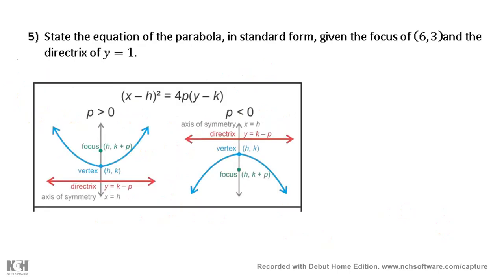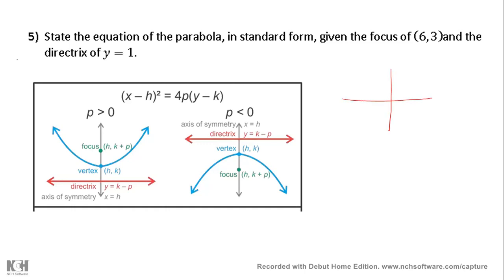All right, one more question. State the equation of the parabola in standard form given the focus of (6, 3) and the directrix of y equals 1. So there's a few things we have to remember here, and we haven't done a problem like this in a while. First, I'm going to try my best to graph this.